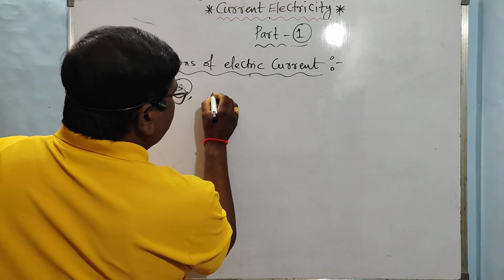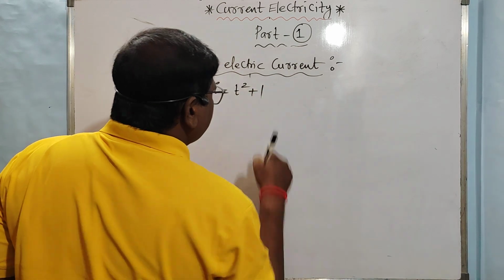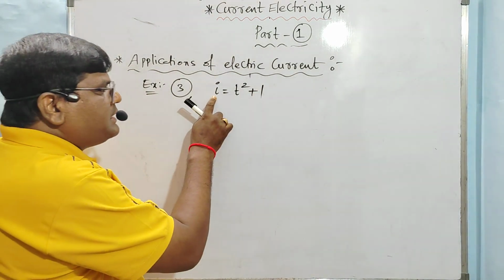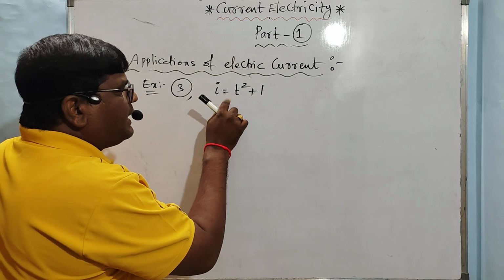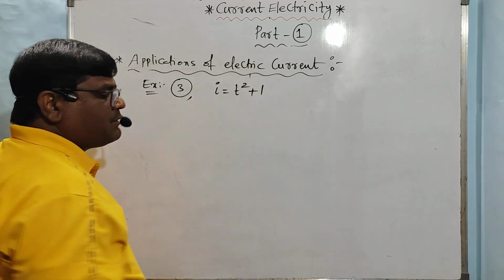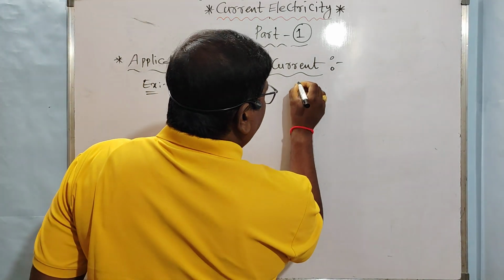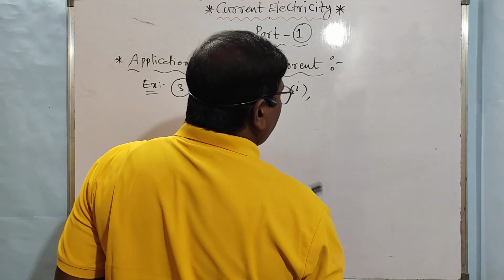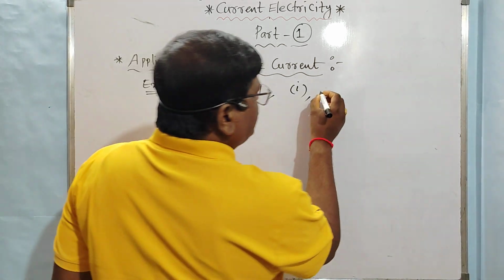Well, actually what is the given question, right? The given is I is equal to t square plus 1, means current is varying in the conductor with respect to time. Okay, as a function of time, I is equal to t square plus 1. So in this, they are asking what? Question number 1. Find the charge, right?